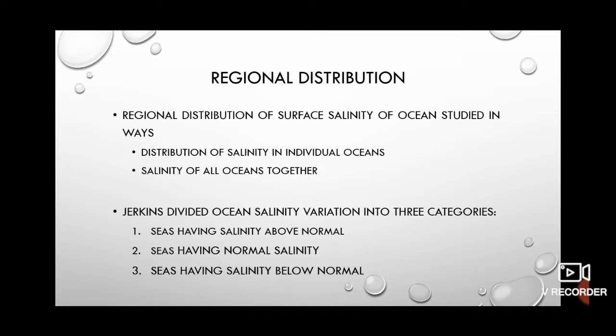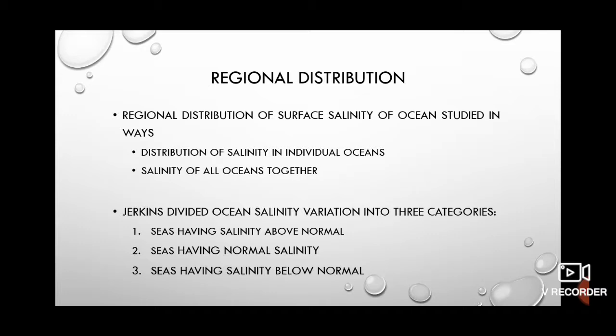You can take the case of the Red Sea, Persian Gulf and Mediterranean Sea. Our normal salinity, we have already discussed, is about 35 parts per 1000. So these seas will have a salinity of above 35 parts per 1000.